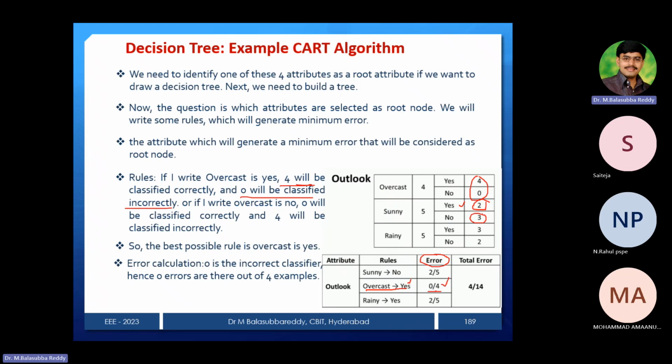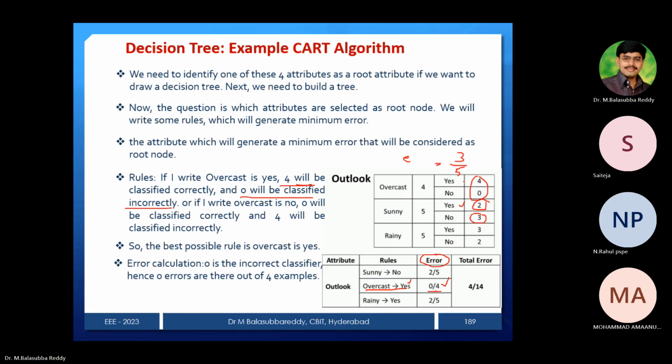As per our error formula, number of incorrect divided by total, the number of incorrect is 3 and total is 5. This is the error if I take the rule Sunny is yes: error is equal to 3 by 5.